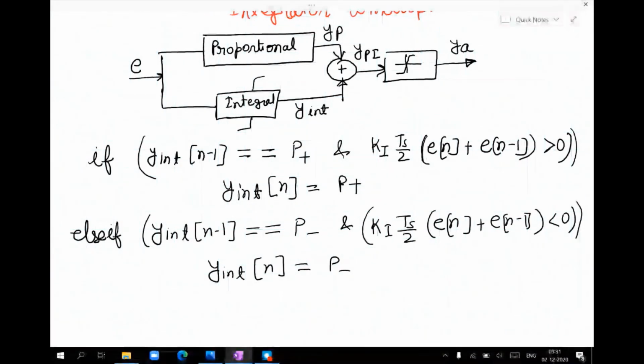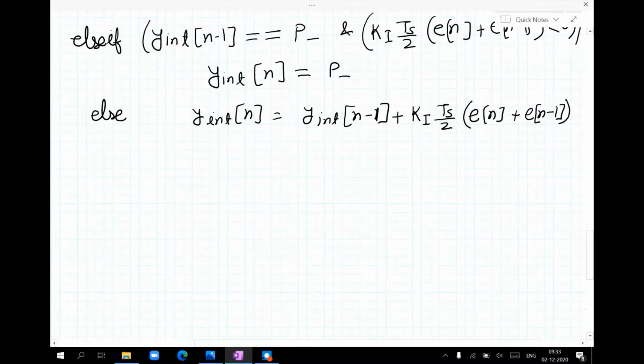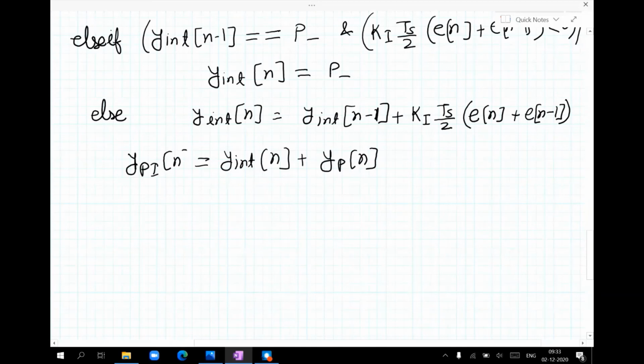If these two conditions are not true, then the output of the integrator is equal to the previous value plus the area under the curve in this sample. Then we can add this YInt[n] with the output of the proportional part to get YPI, the output of the PI controller.